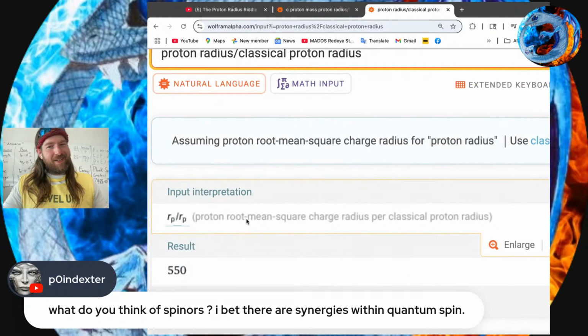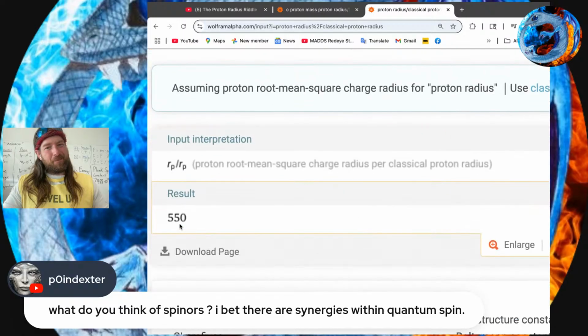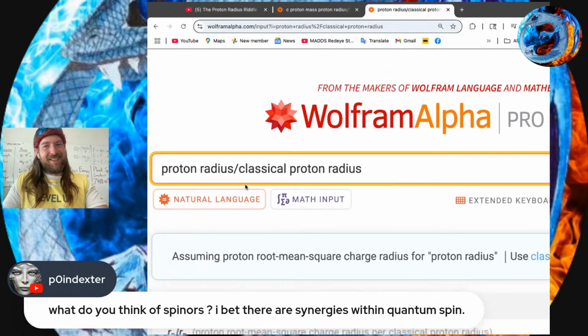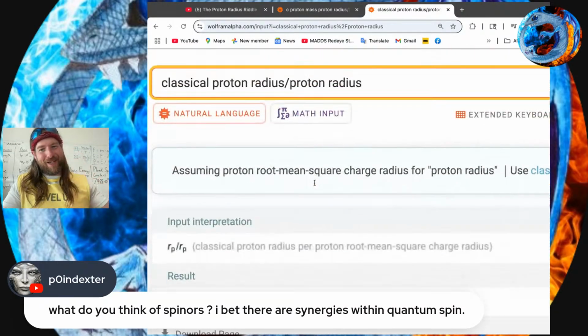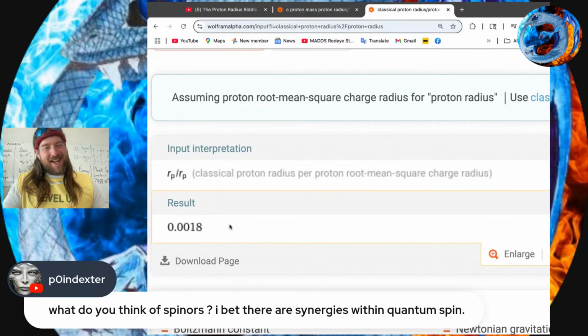Okay, proton root mean square charge radius, so the standard radius it inputs, divided by the classical proton radius. Okay, 550. That's not 137. Let's try it the other way. What's it going to give us? Maybe this will explain why.